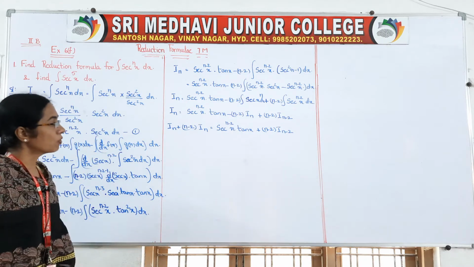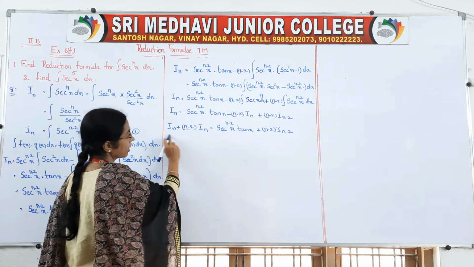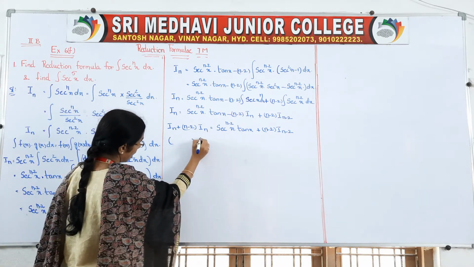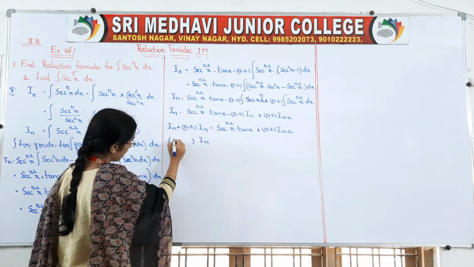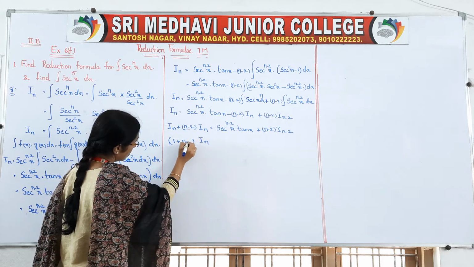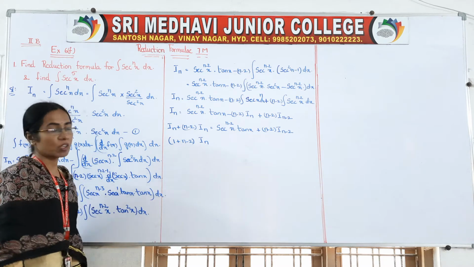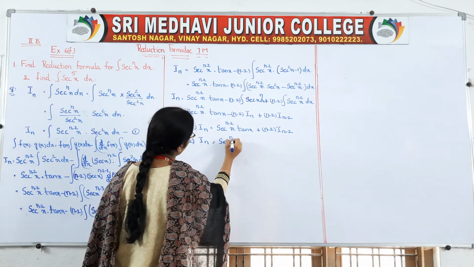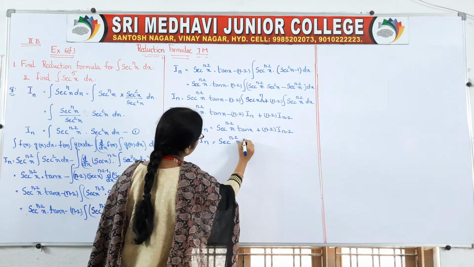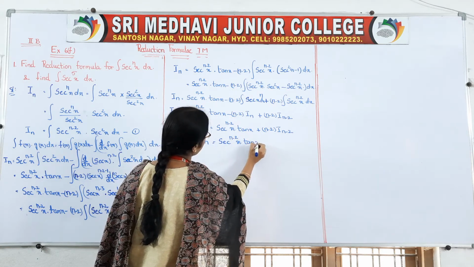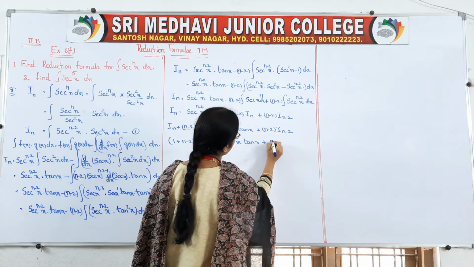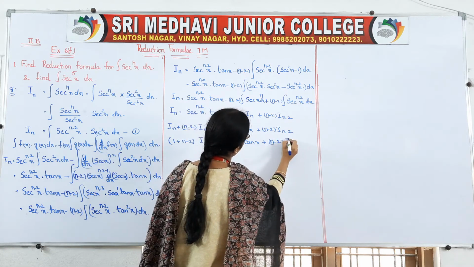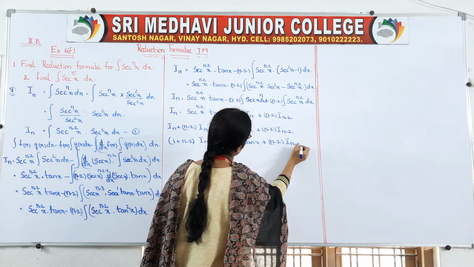So we can take In common here. If we take In common, what happens? 1 plus n minus 2 is equal to secant to the power of n minus 2 x into tan x plus n minus 2 into I(n minus 2).